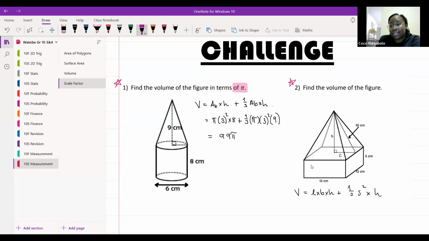So my base is 6 centimeters. Then I can use Pythag to find h. h squared is equal to 10 squared minus 6 squared, which is 100 minus 36, which is 64. Therefore, h is equal to 8.